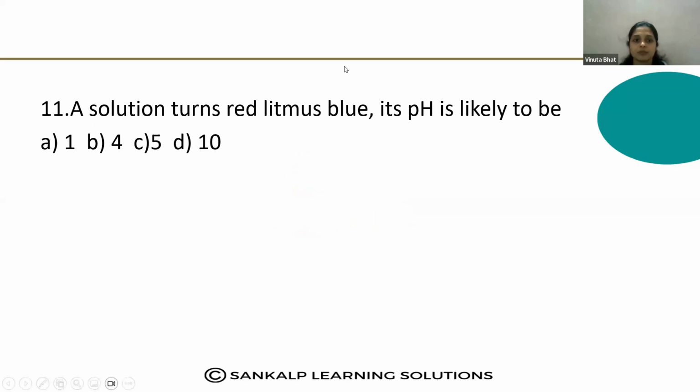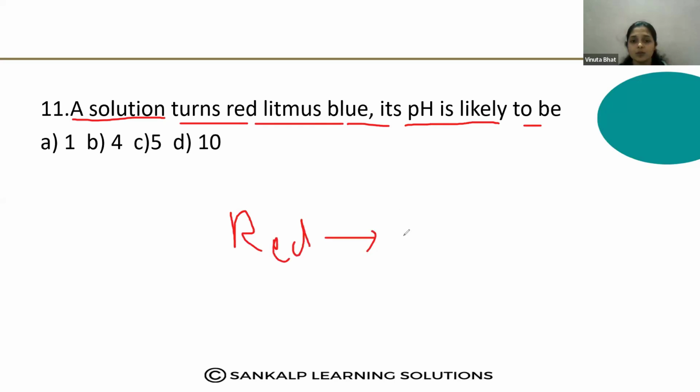Next question. A solution turns red litmus blue. Its pH is likely to be when the red litmus turns blue. Okay. So pH is 1, 4 and 5 here. Option D, that is 10, that is the base.